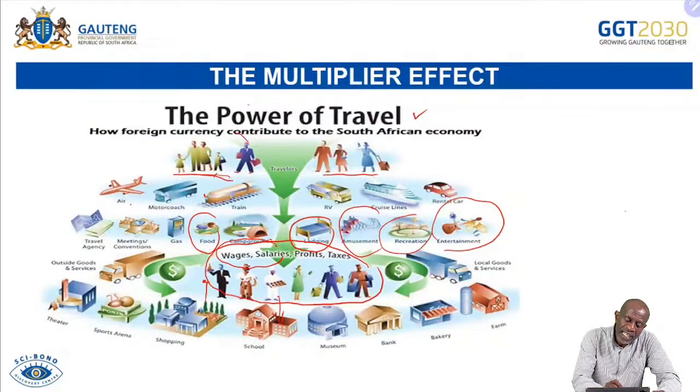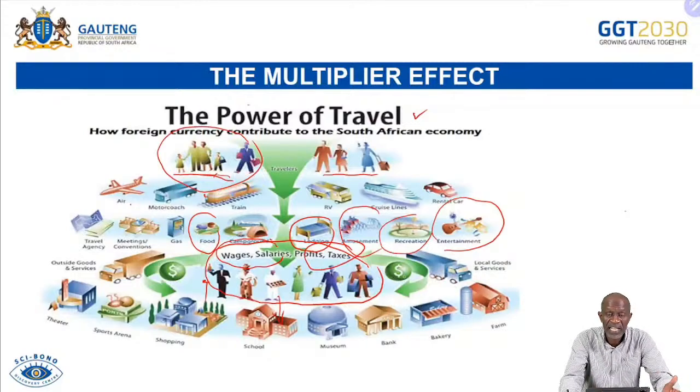So the money that was generated from the tourists filters down into transport, filters down into the accommodation sector, filters down into paying the wages and salaries of workers, and the government will charge taxes on the workers' salaries to provide further government services to its people.